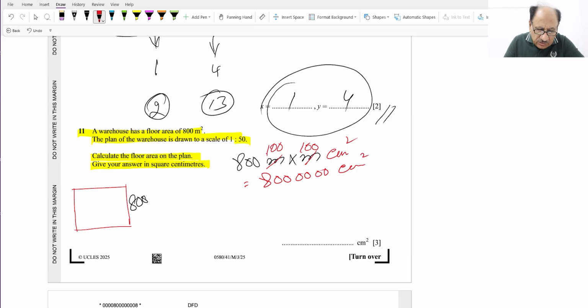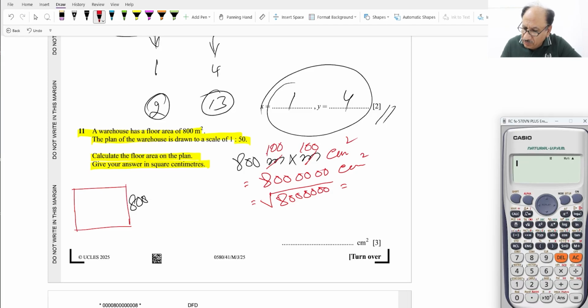So this area is converted into centimeter squares, and one side will be the square root of this, 8 followed by 6 digits. If we calculate this, the square root of 8 followed by zeros is equal to 2828.